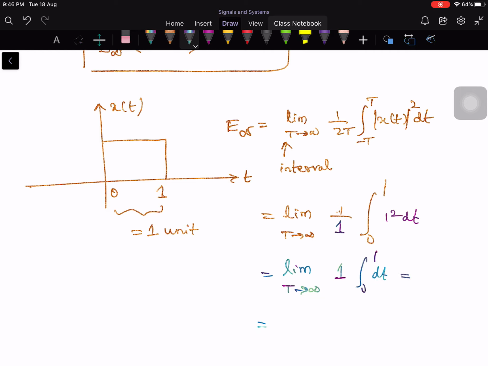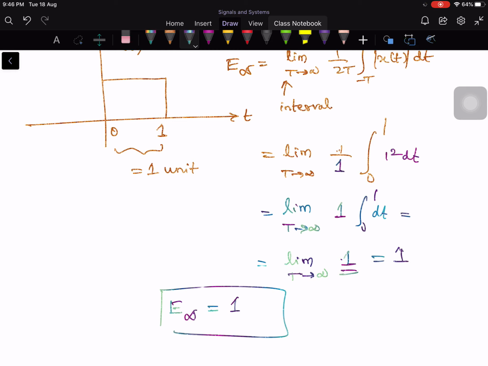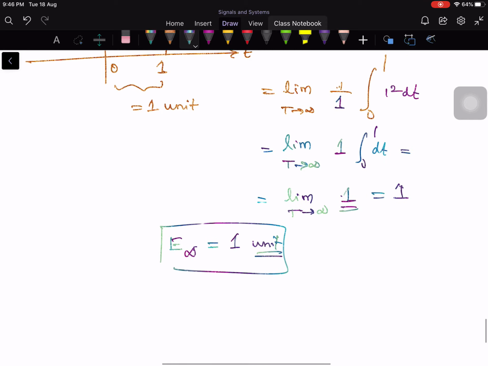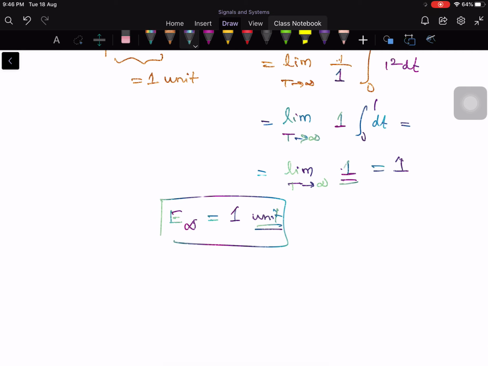This is equal to limit T goes to infinity of 1. There is no dependent variable T here, so this is 1. Therefore this is a finite energy signal, because energy is finite. Even if you allow capital T to go to infinity, it is 1, and you put a suitable unit here. What is the unit of energy? You can put joule. Okay, so if E infinity is equal to 1, then what is the power? Power is equal to 0. You can verify that.